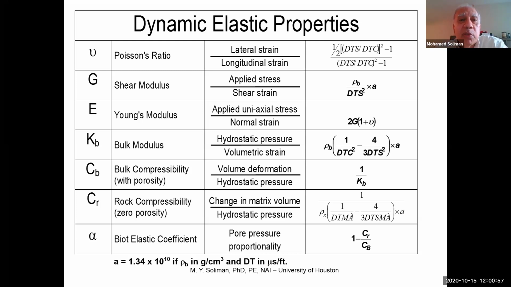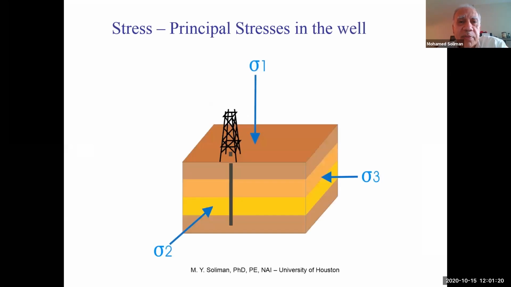So what we would do is develop a relationship between the dynamic and the static properties in your formation. It's easier to run logs. So you run the logs, you take the values, and boom, through your correlation between static and dynamic, you get the static and use that in designing the fracture. Okay, I may have said it a little fast, so you may want to listen to it again.